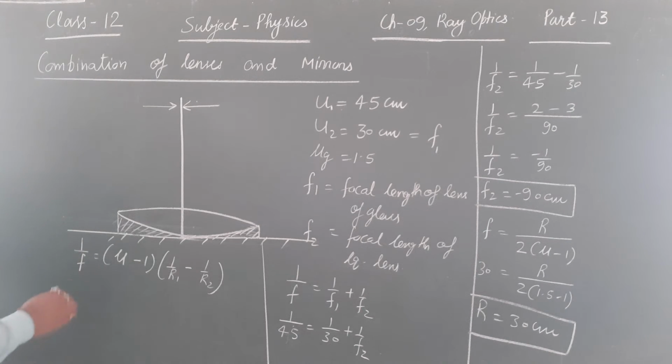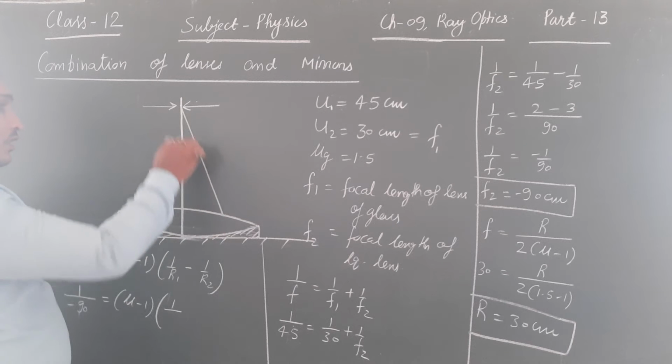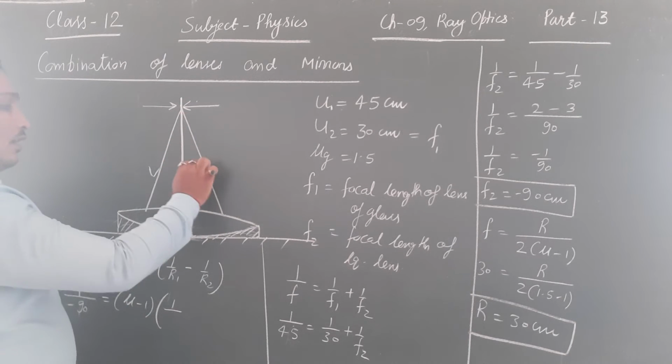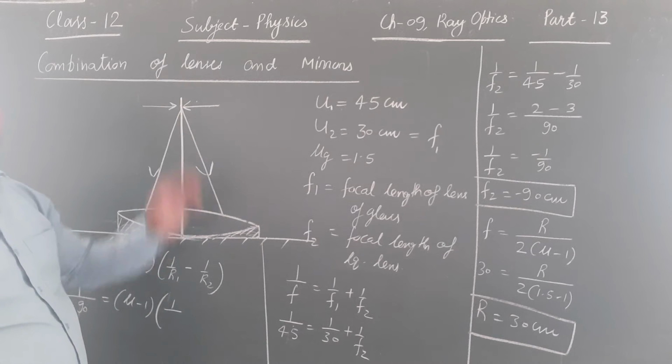So let us put in all the values. 1 upon f2, which is minus 90 centimeter, is equal to mu, which we have to calculate, minus 1, times 1 upon r1. What is the value of r1 over here? Just see, the light will come in this direction, and r1 is in this way, so the radius of curvature will be directed in that direction.